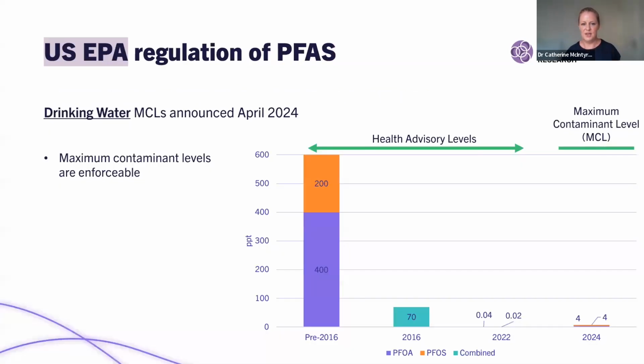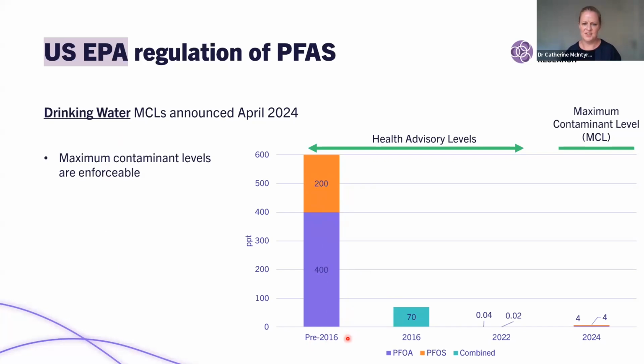And the US EPA has moved on regulation of PFAS in drinking water. As of this year, the Biden administration announced MCLs, which are maximum contaminant levels of PFAS in drinking water. These are enforceable. Prior to this, pre-2016, the US EPA had health advisory levels of 600 parts per trillion for PFOA and PFOS combined.